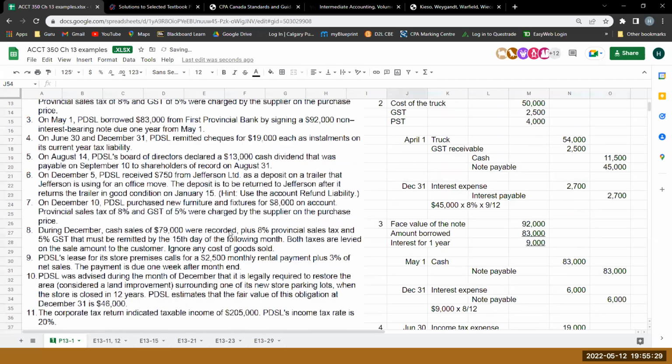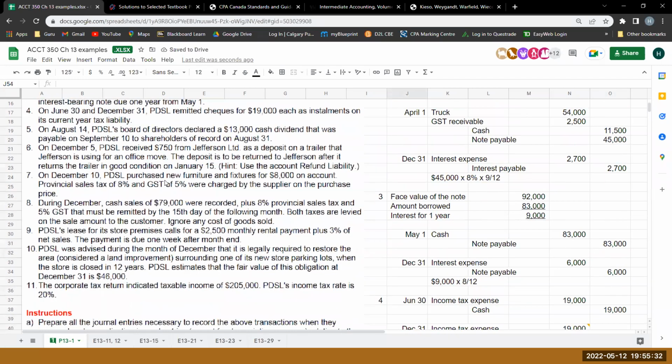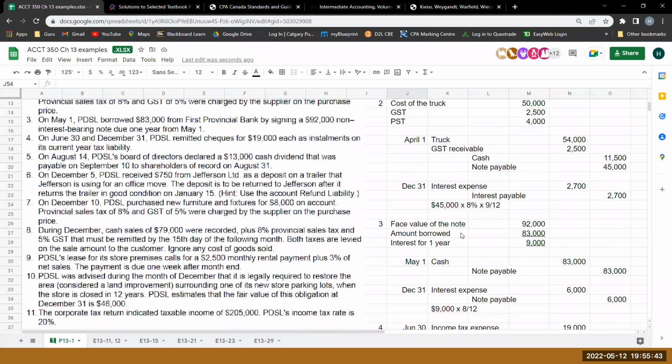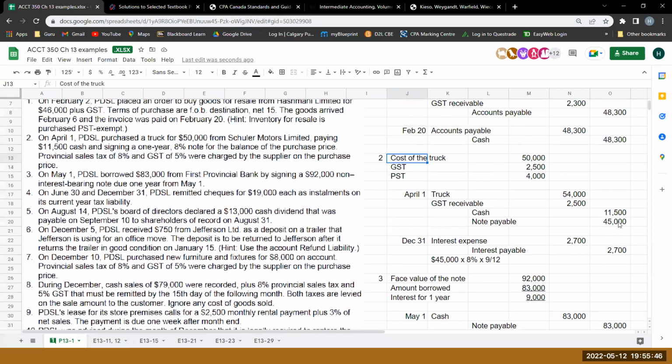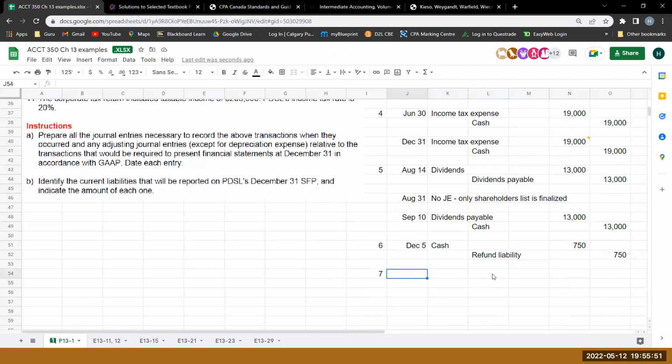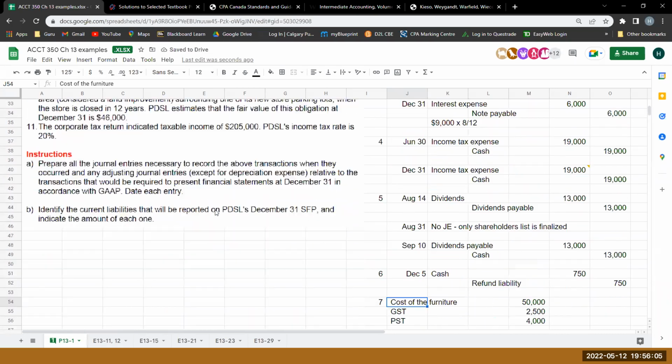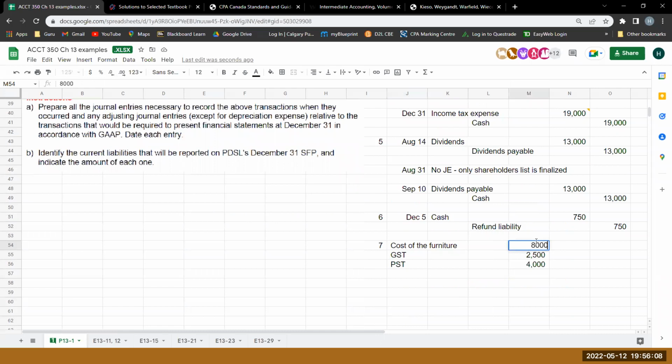All right, number 7. On December 10th, the company purchased new furniture and fixtures for $8,000 on account. Provincial sales taxes of 8% and GST of 5% were charged by the supplier on the purchase price. So it's kind of like this truck purchase. The cost of the furniture is 8,000.